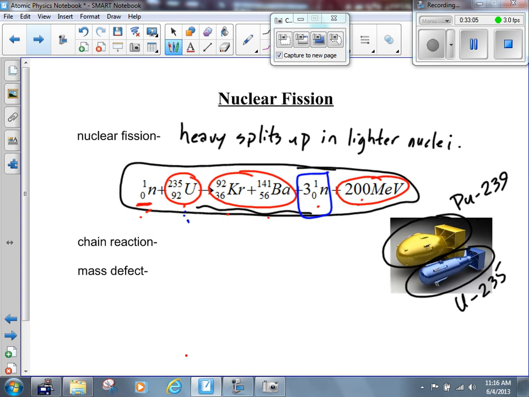Well, that produces 9 neutrons. Those 9 neutrons cause 9 more reactions and the energy that goes with that. Those 9 more reactions will produce 27 neutrons, and then 27 more reactions, and then 81, and then 243, and so on, and so on.